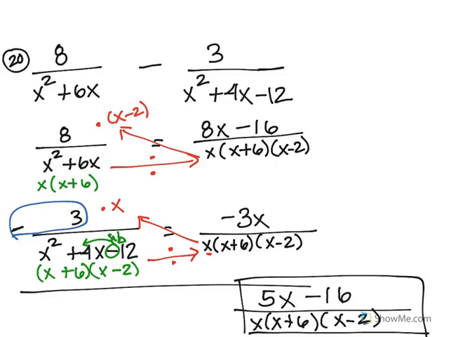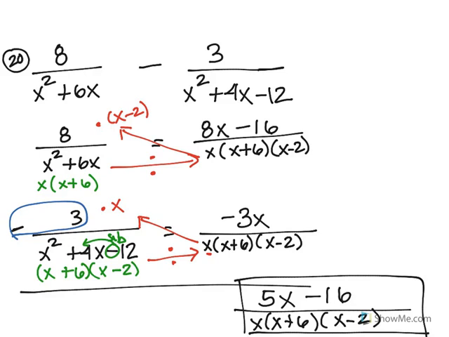And 20. 8 over (x squared plus 6x) minus 3 over (x squared plus 4x minus 12). So we're going to look at our denominators.